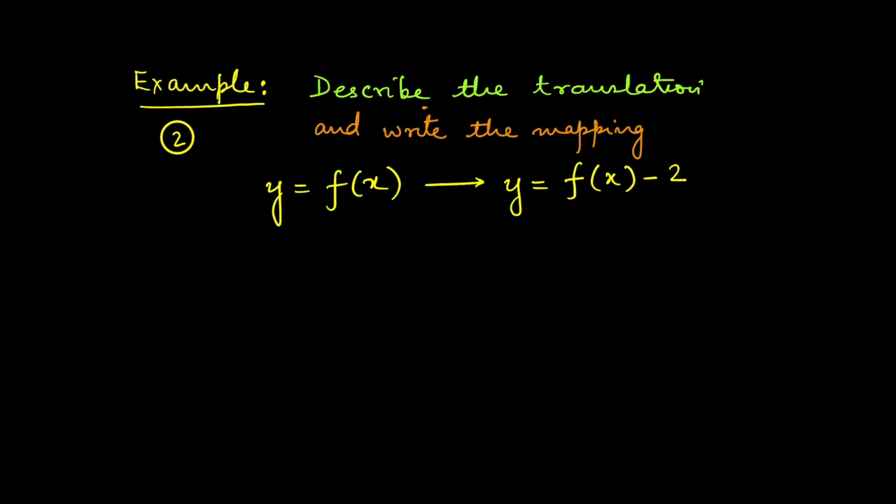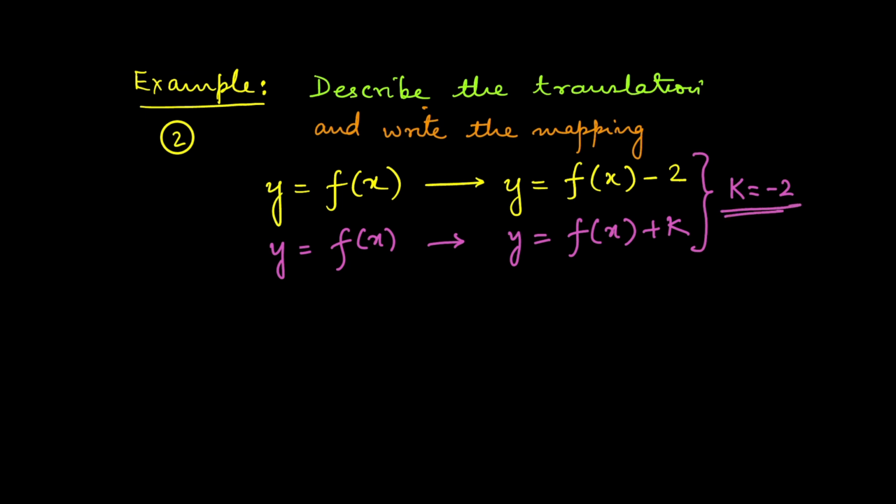Now example 2. It says describe the translation again and write the mapping. As we did earlier, first thing we write the formula. So y is equal to f(x) transforms to y is equal to f(x) plus k. Now if you relate these two, we can see that k is -2.